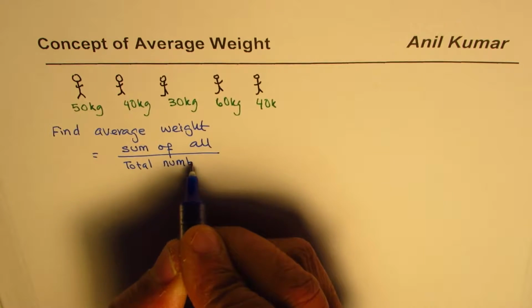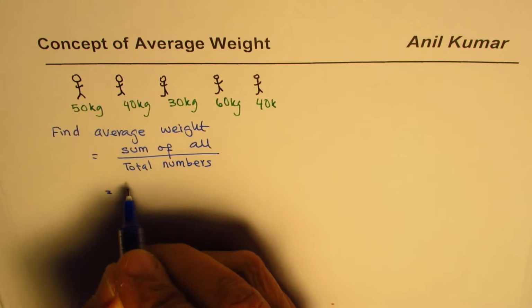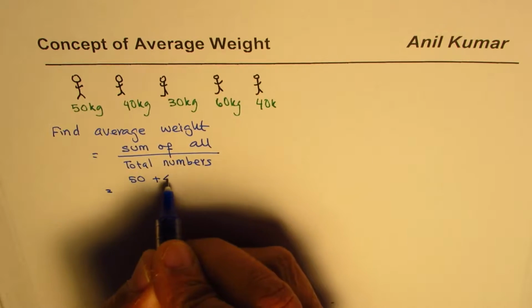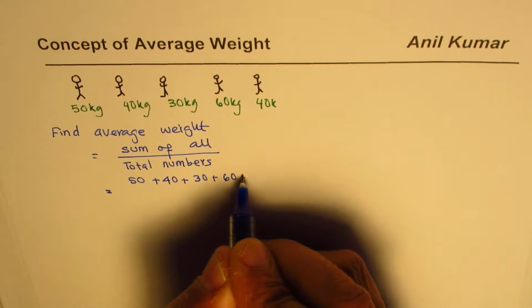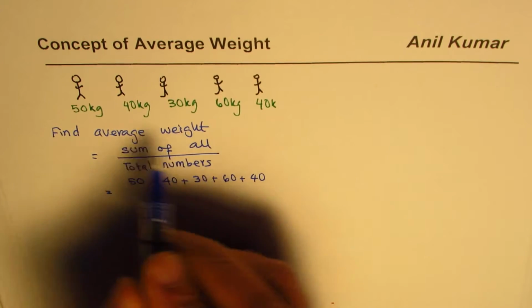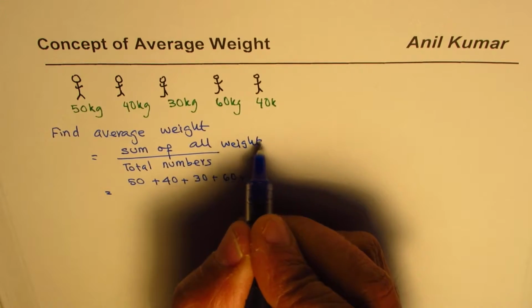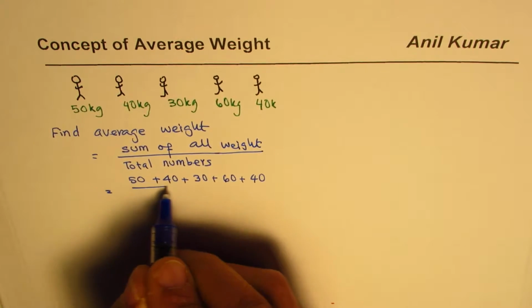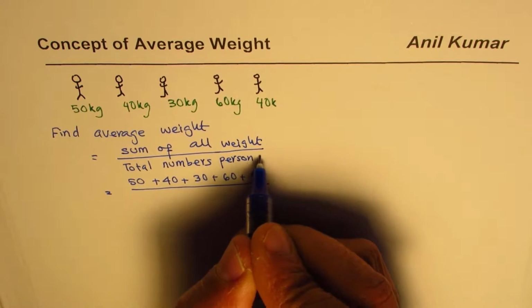Is that okay? In this case, 50 plus 40 plus 30 plus 60 plus 40 becomes the sum of all weights, divided by total numbers, the number of persons.